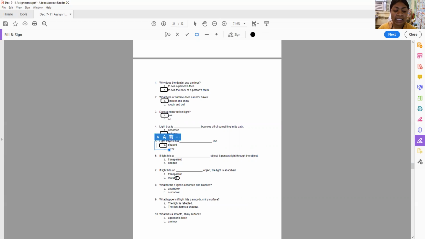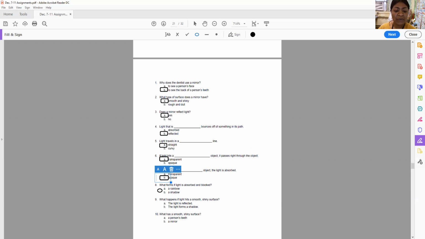A, transparent, or B, opaque? It should be A, transparent. Number seven, if light hits a blank object, the light is absorbed. You take it in. Okay, so we know that it cannot be A, transparent, so it must be B, opaque.